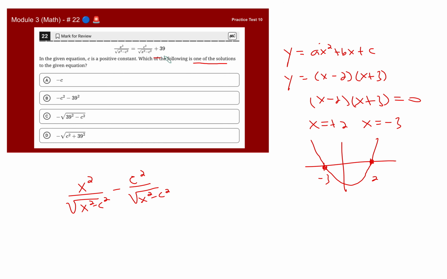Then I'm going to subtract the 39 from both sides of the equal sign, and that gives me minus 39. And on the right, you're left with a 0.